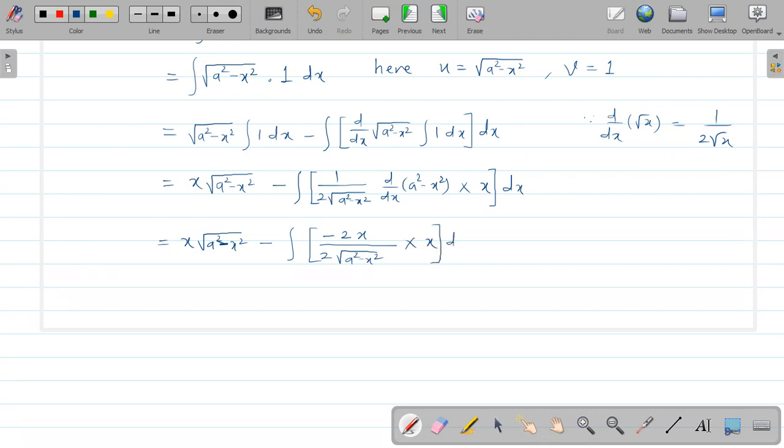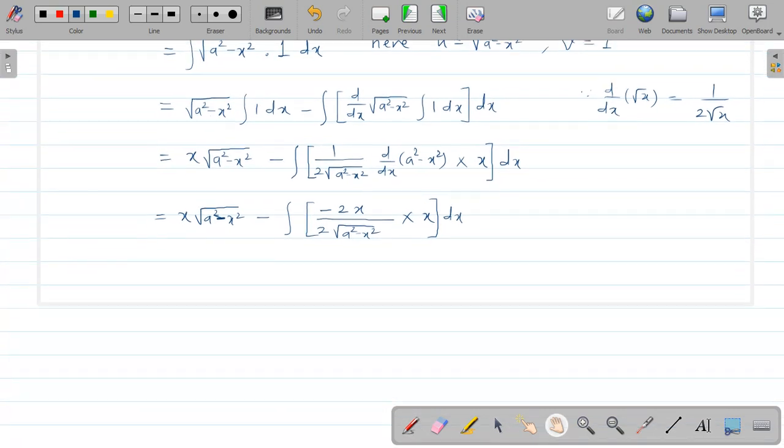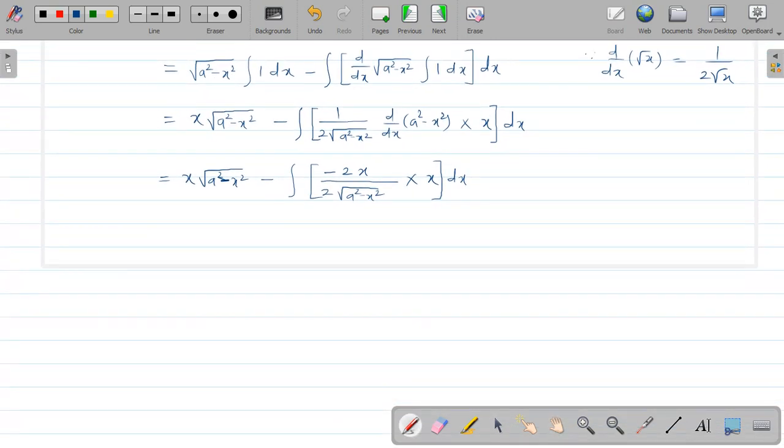See all the steps carefully here. Now what will you get? Next step, you will get x into root of a square minus x square minus integration. Here 2 and 2 will get cancelled and just you will get minus x square upon root of a square minus x square, and we have to evaluate the integration of this term.